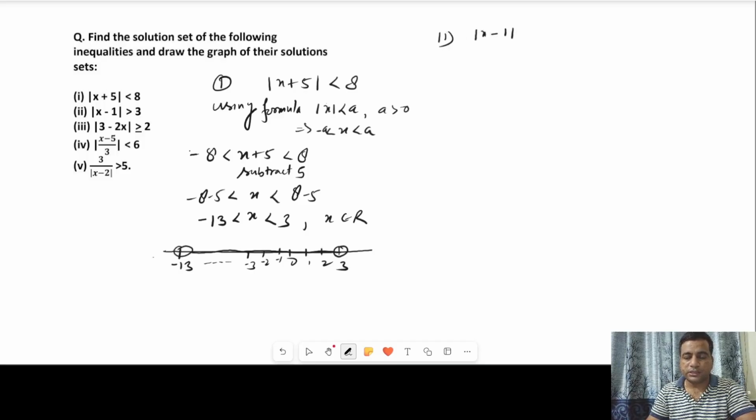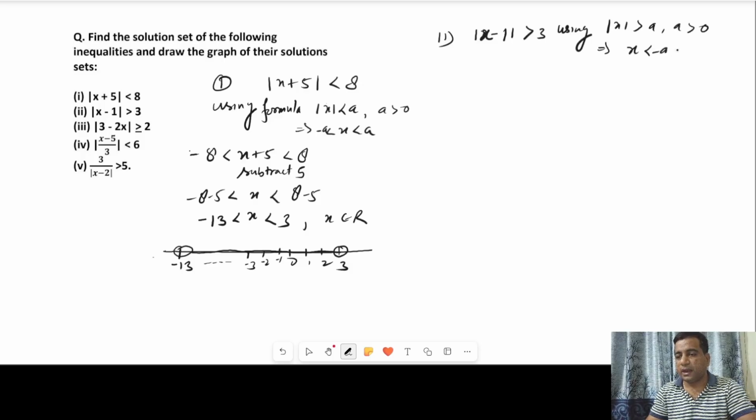Now for the second, |x - 1| is greater than 3. So using the formula |x| > a, where a is positive, it implies x is less than -a or x is greater than a. So apply this formula. So x - 1 is less than -3 or x - 1 is greater than 3.